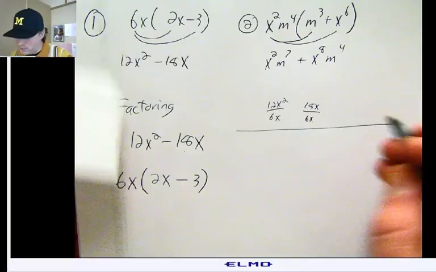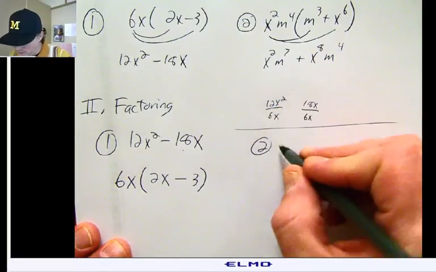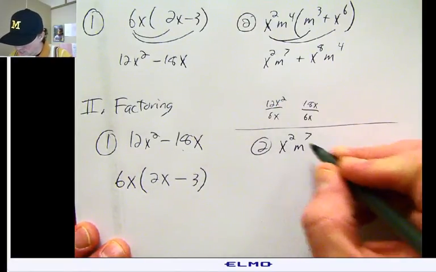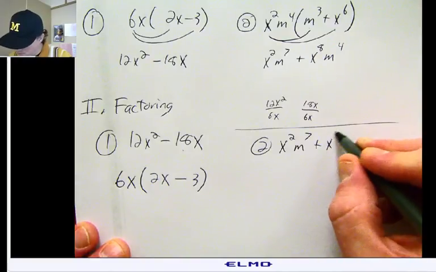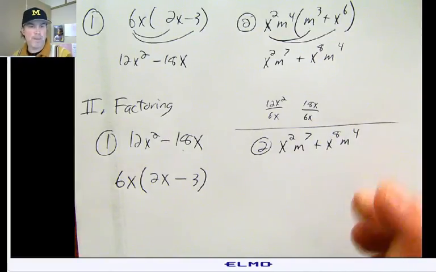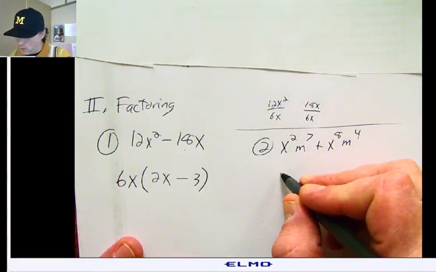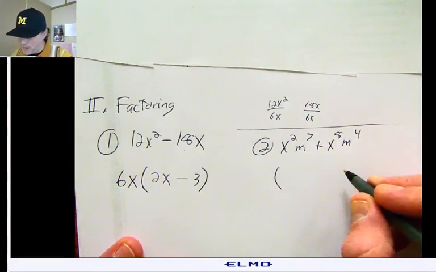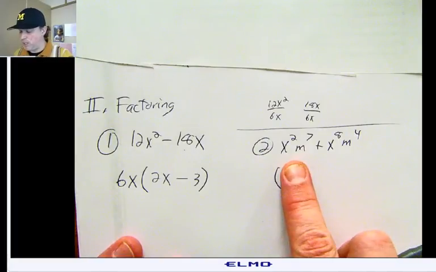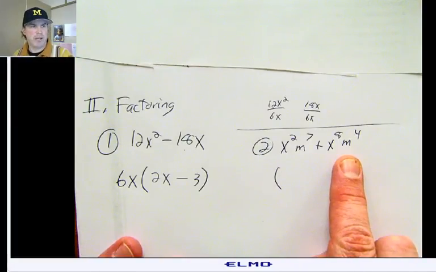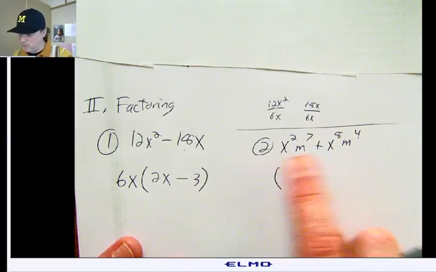Number 2, same type thing. Let's look at the answer of this. x squared m to the 7 plus x to the 8 m to the 4. So when I factor, you want to factor out all of the common factors, but in more basic English terms, what do these two things have in common?